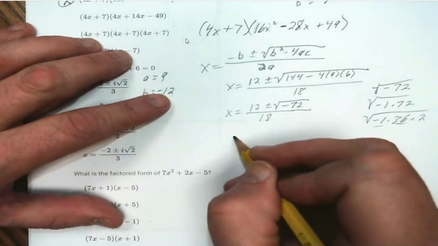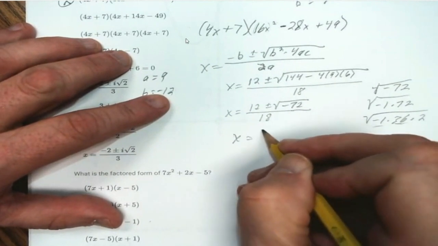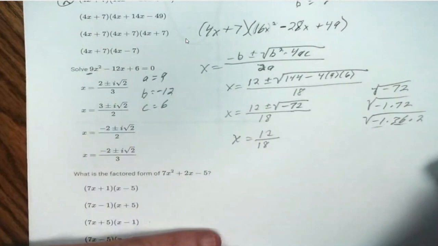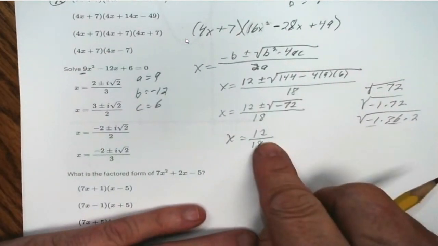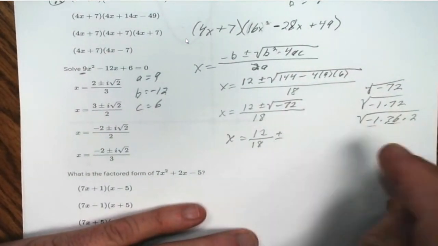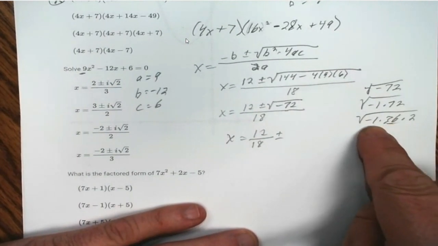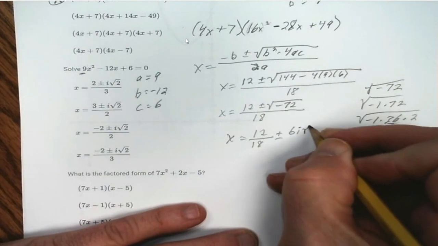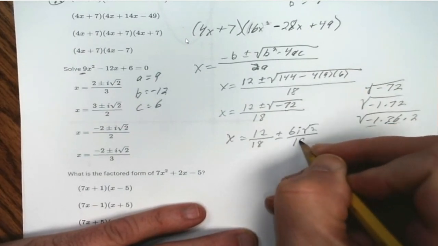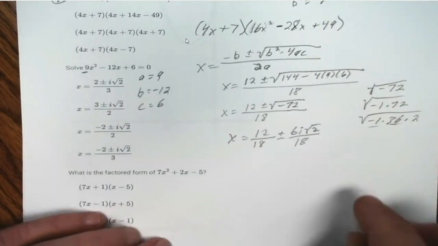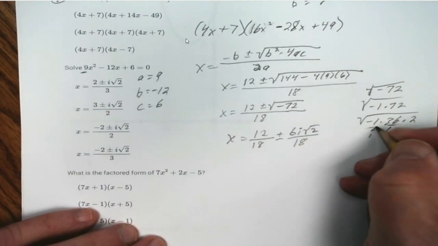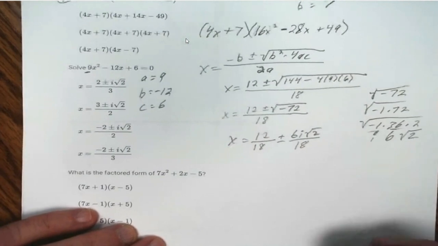So this is X equals 12, I'm going to break them up right here and we'll see if we want to leave them that way, plus or minus 6i square roots of 2 over 18. Because this is 6 and this is i, and this has to stay. We can't take the square root of 2.